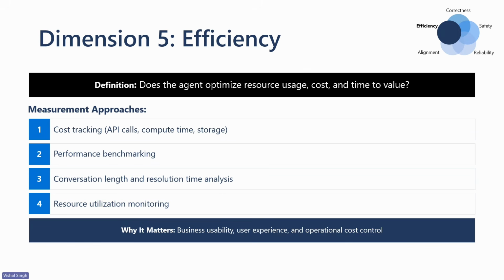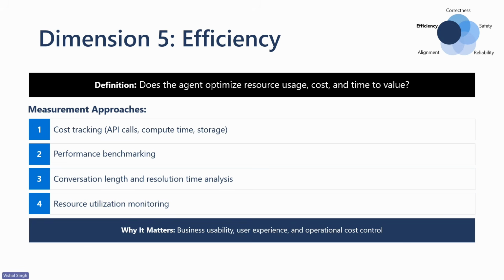Conversation length and resolution time analysis, to ensure that the time invested in this process should not be too lengthy or too short. It should be an appropriate length so that it fulfills the requirement and yet does not overburden the end user with information, nor provide limited info that would leave them confused. And of course, resource utilization, to ensure that none of the resources being invested to host this agent are getting wasted.